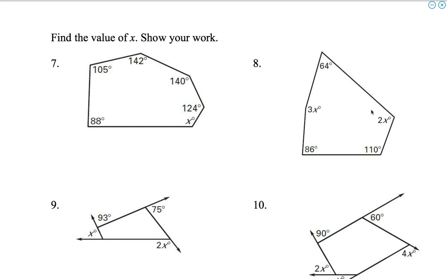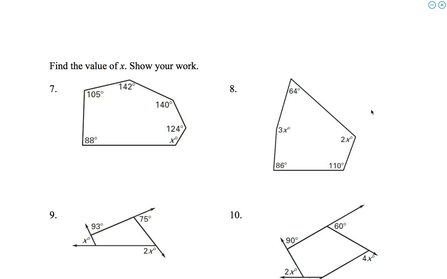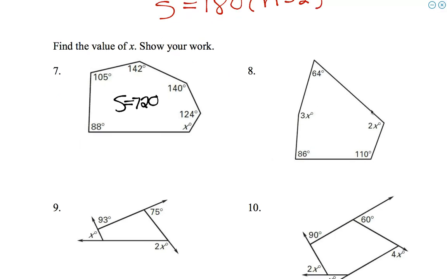Now, these are not regular polygons, okay, but they still do follow the same formula we just used. So we have 1, 2, 3, 4, 5, we have 6 sides. So that's 720. So these are all going to add up to 720. So if we're looking for x, we're basically going to peel everything away from that 720.